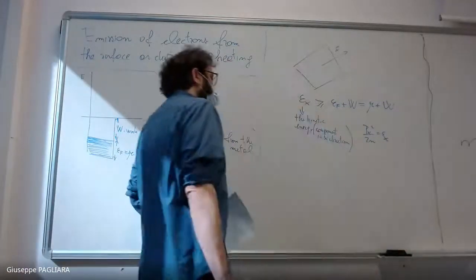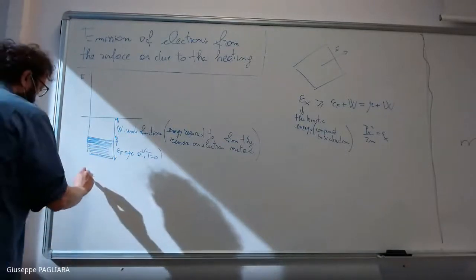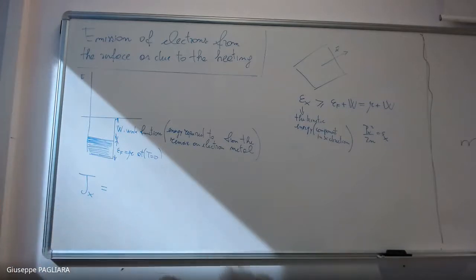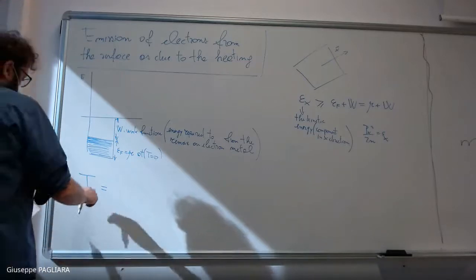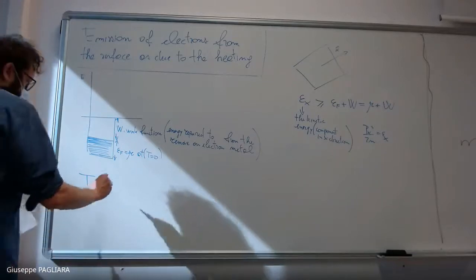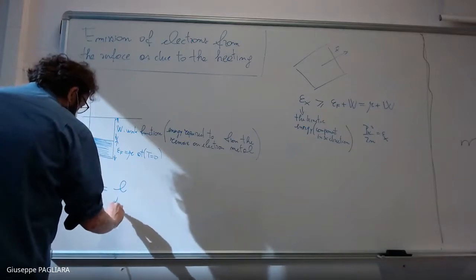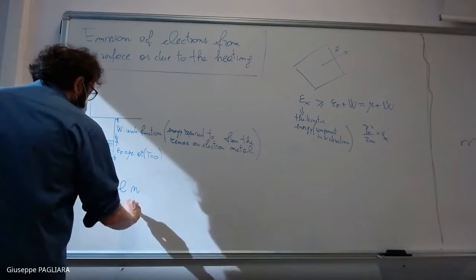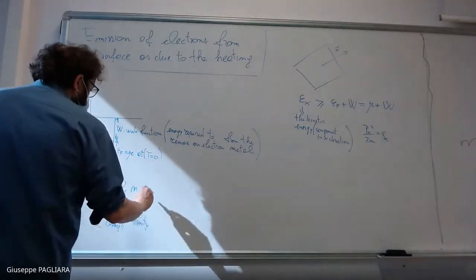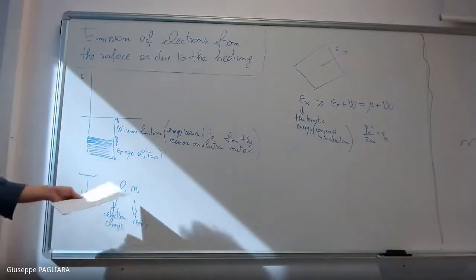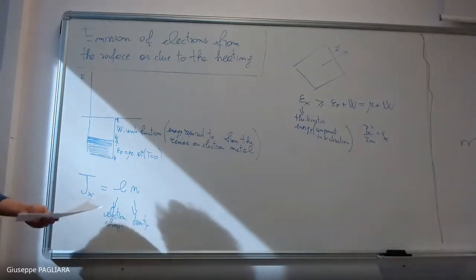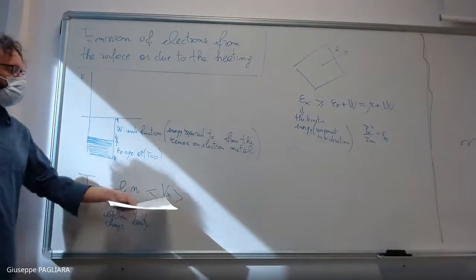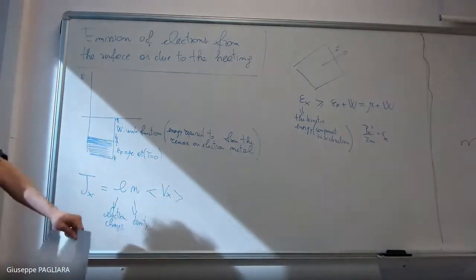Before that, we want to write down what we are going to derive: Jx, which is a flux of charge, a density of charge current, which is equal to the electron charge times the density of electrons times, in order to have a flux, so coulomb per time per surface, you have to multiply by velocity, which in this case we will consider to be the average velocity in the x direction, the direction orthogonal to the metal surface.